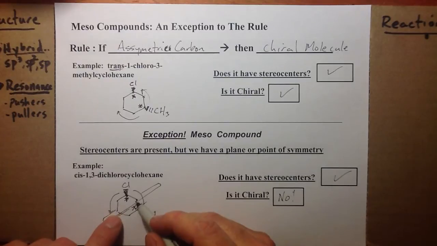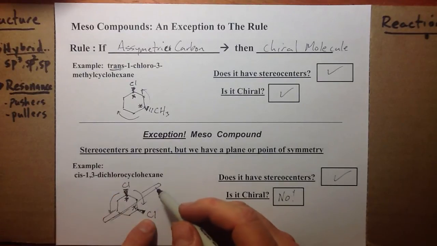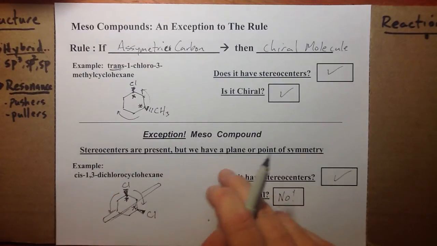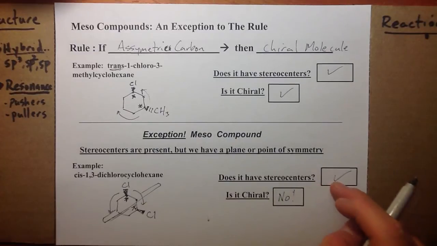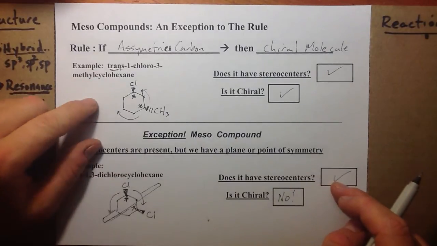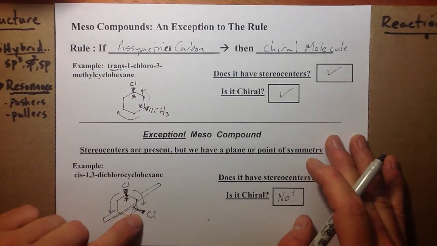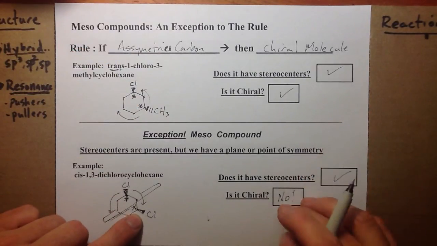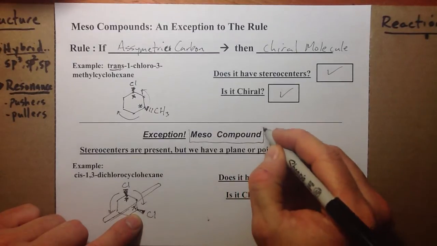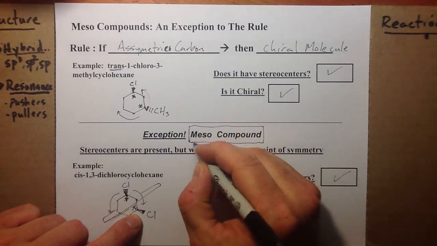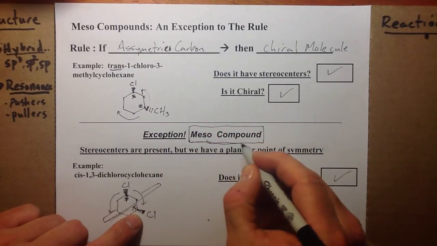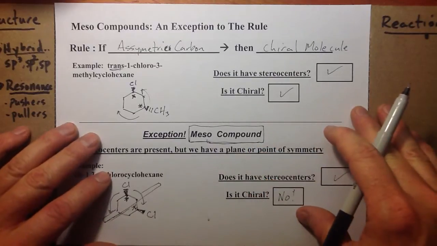If I cut through these carbons, this would reflect over to this. So it has asymmetric centers, this is important, but it's not chiral. They give compounds that have asymmetric centers, yet are not chiral, a special name. This compound is called a meso compound, pronounced with a Z sound.